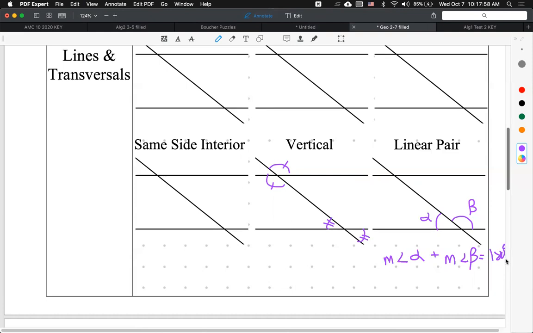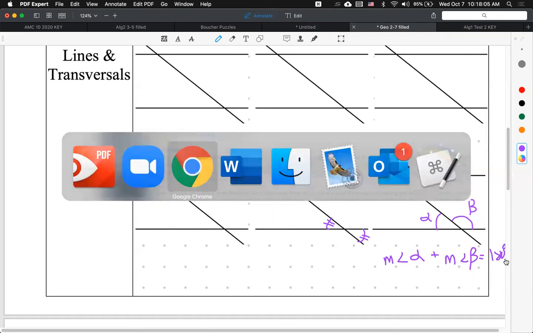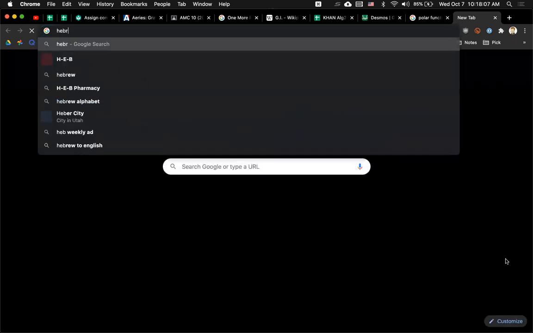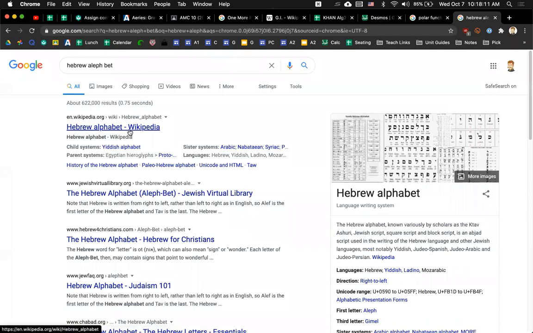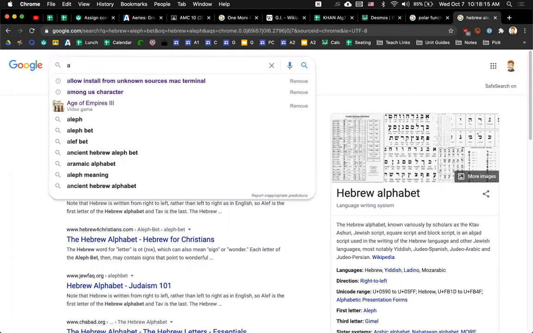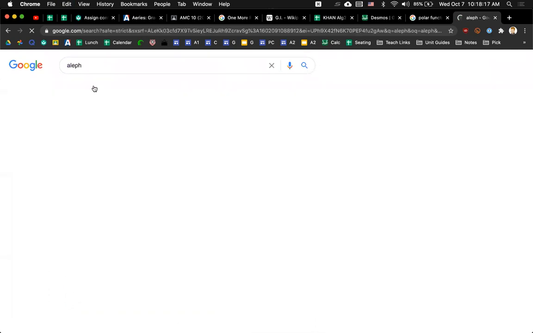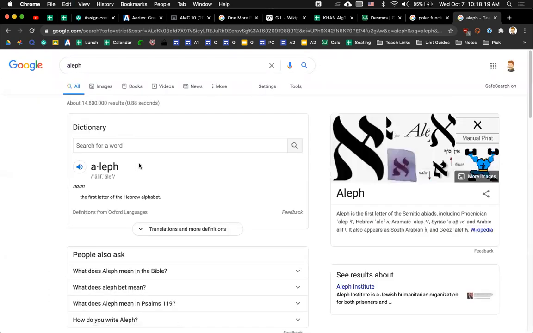I think it's Hebrew. Can we go on a slight tangent? Hebrew aleph. No, it's not Hebrew. What is aleph? The Phoenician alphabet. Dang it.